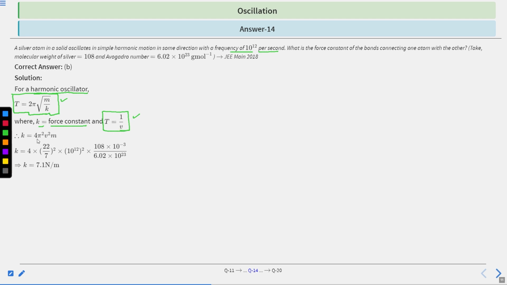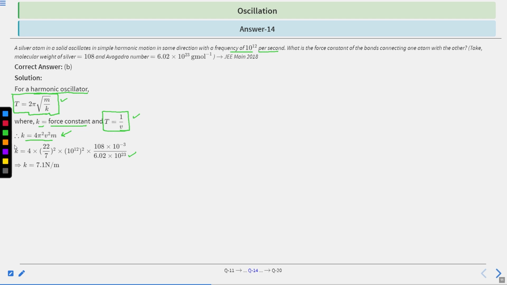So k equals 4 pi square nu square m. Putting all the given terms in this expression, we get k equal to 4 multiplied by (22 by 7) whole square, and nu is 10 raised to the power 12, whole square, multiplied by 108 multiplied by 10 raised to the power minus 3 divided by the Avogadro number.